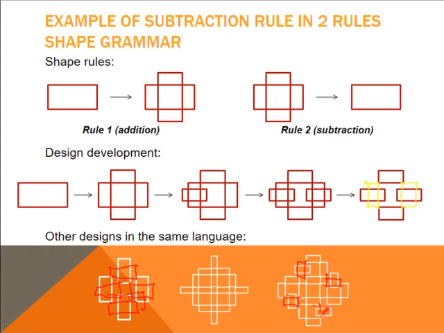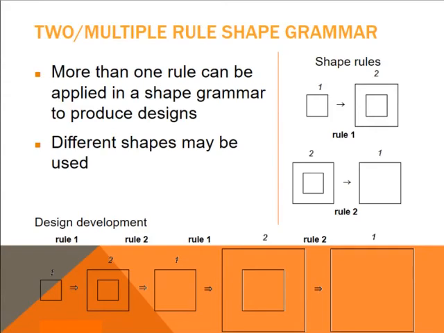But the red rectangular shapes have been subtracted during the design development process. Okay, so more than one rule can be applied to a shape grammar to produce a design.